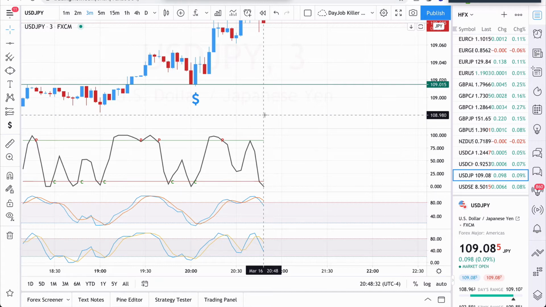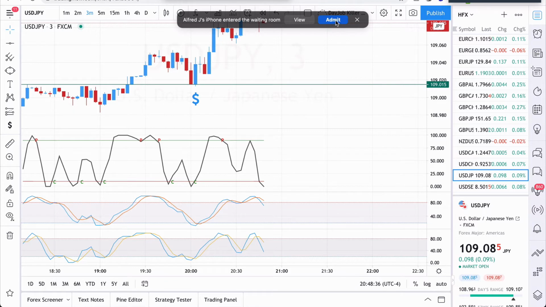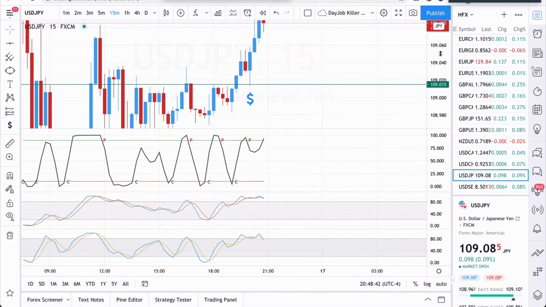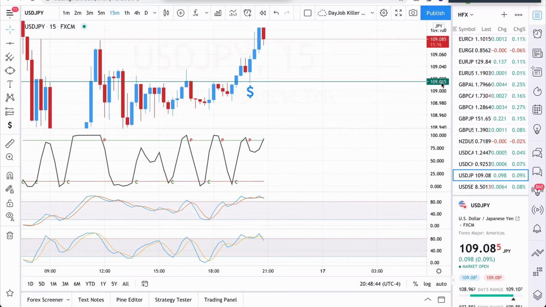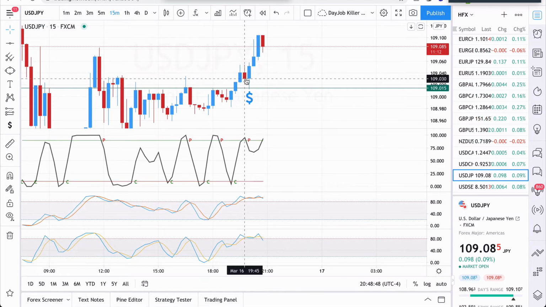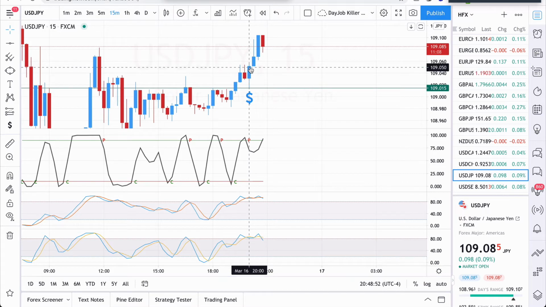This is what you can do to get around very precise entries. All you do is go up to a 15-minute chart. On the 15-minute chart, if you see this pattern, you got to push up here. You can still enter this trade right here.